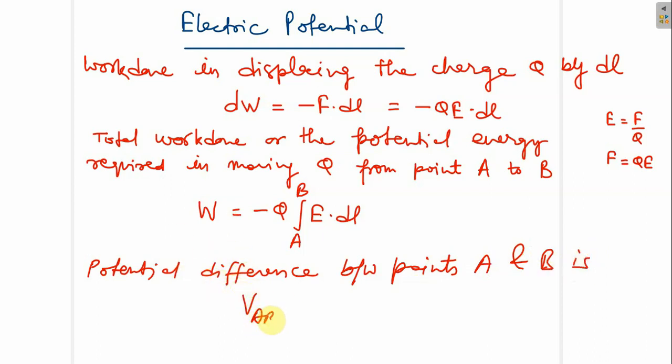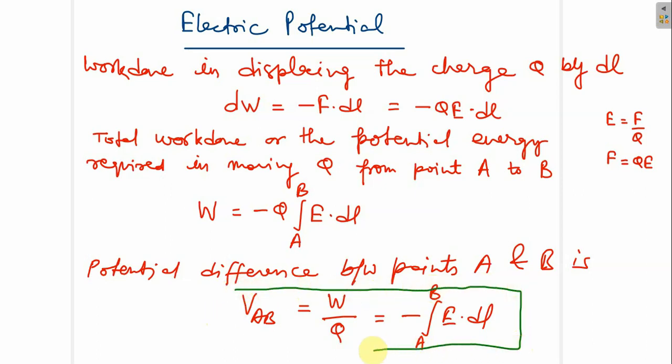This VAB equals, we know that it is W by Q, work done upon charge. If we represent it as W by Q, then we will be left with minus the integral of E dot dl from A to B. So in this way we can represent the electric potential.